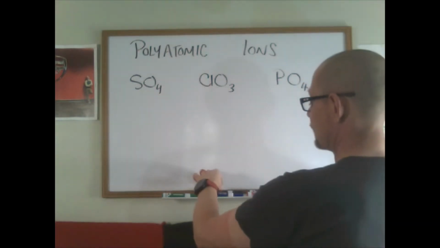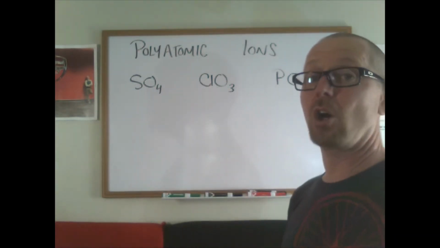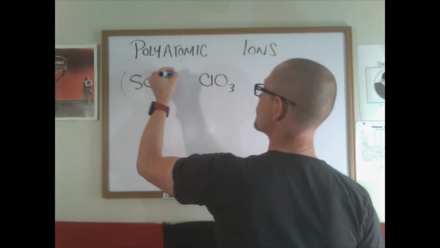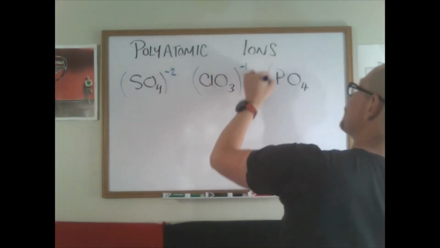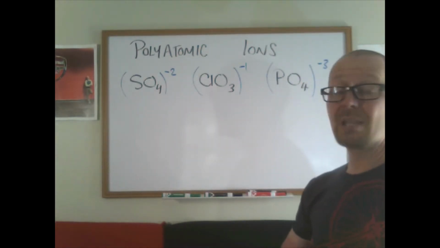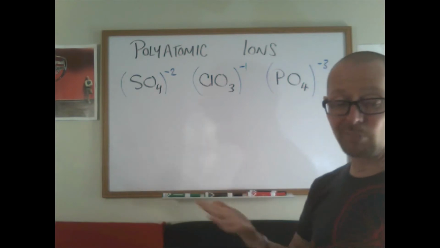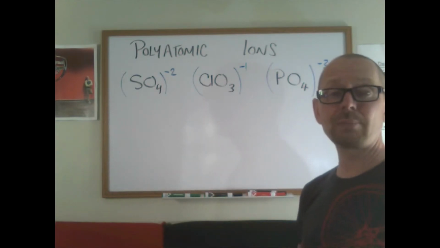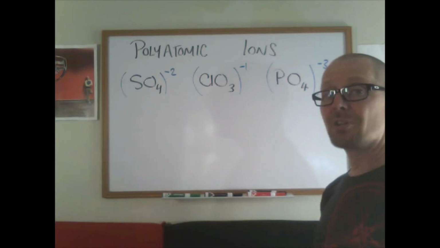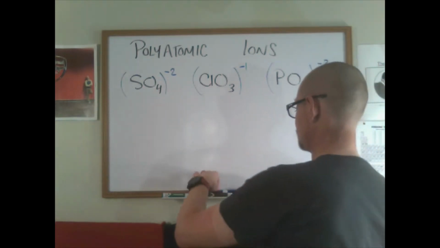Now, I'm going to go ahead and give you their oxidation states. That's the charges. SO4 is -2, ClO3 is -1, PO4 is -3. None of that's going to come through in the names. Unfortunately, the list of polyatomic ions that you'll get during your chemistry courses are just ones you have to commit to memory. But the naming is super easy.